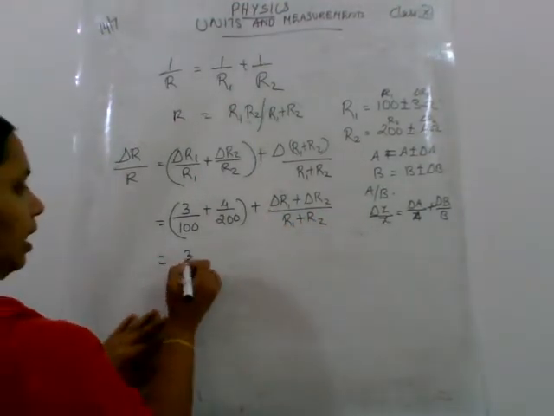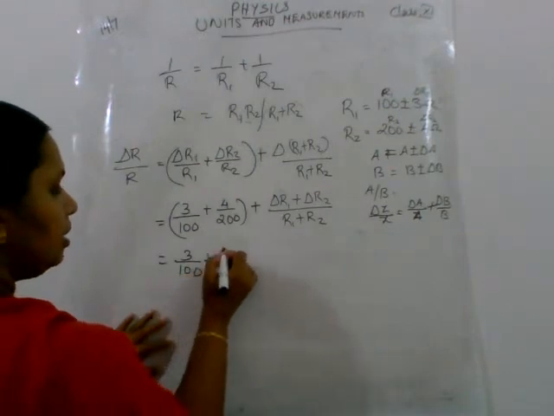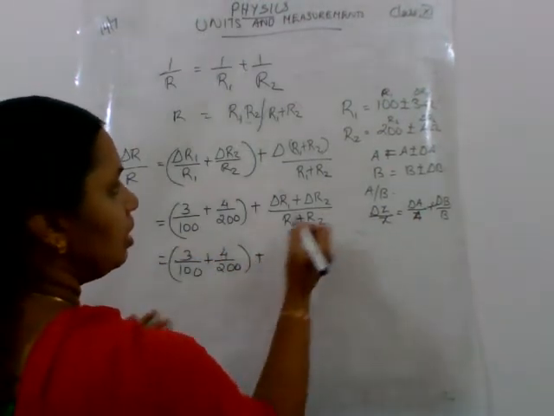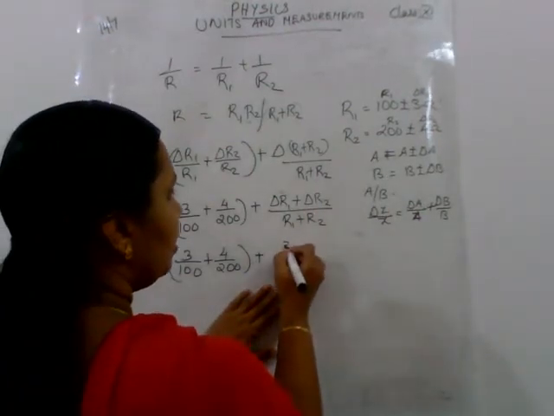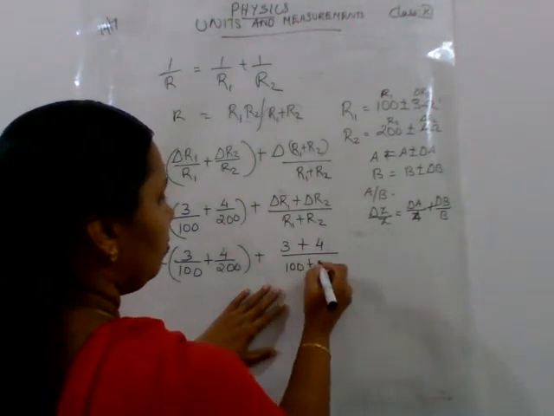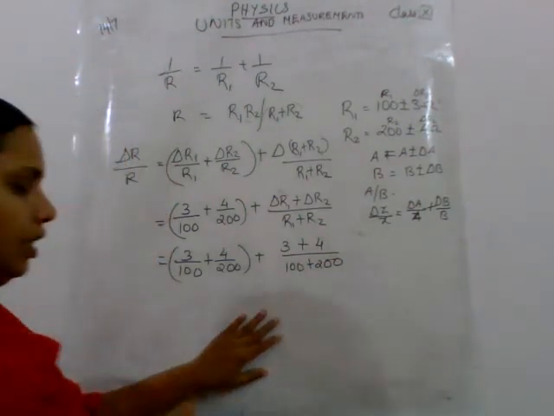So I am writing it again: 3 by 100 plus 4 by 200 plus 3 plus 4 divided by 100 plus 200.